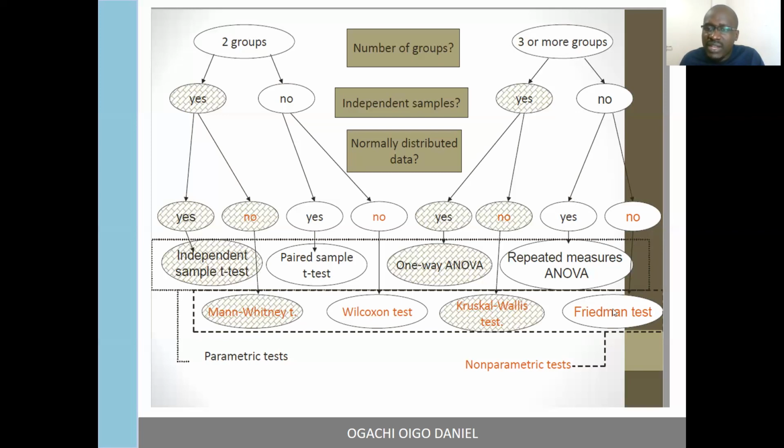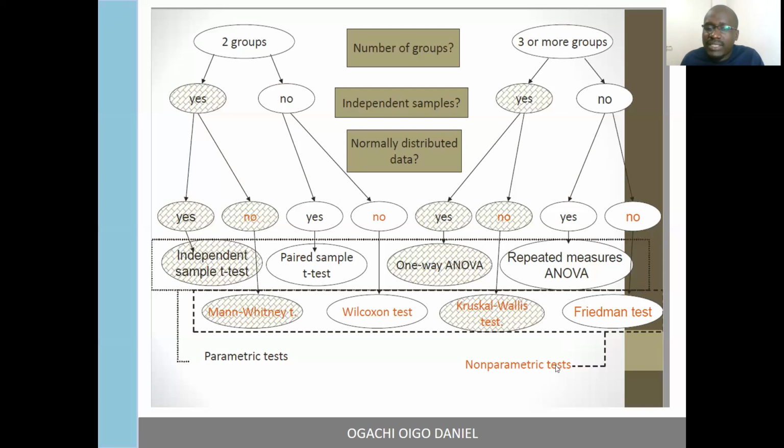It is very important to establish that for data that is not normally distributed, we conduct a non-parametric analysis, which is represented by these tests in red: Mann-Whitney test, Wilcoxon test, Kruskal-Wallis test, and Friedman test.